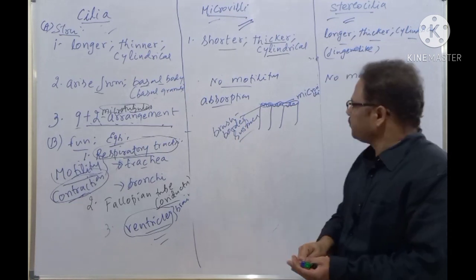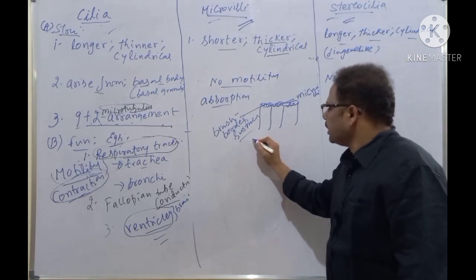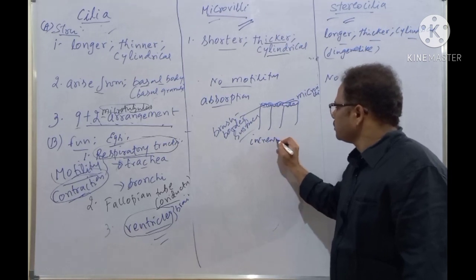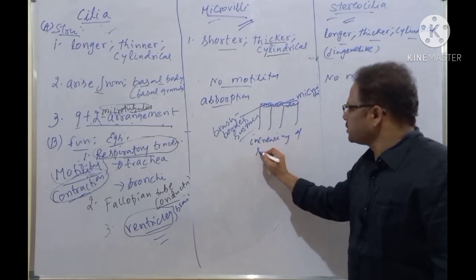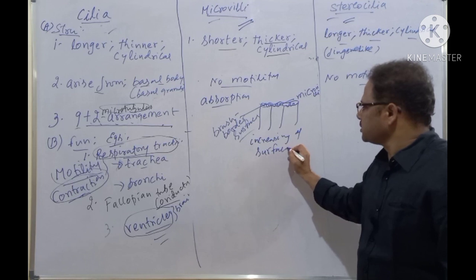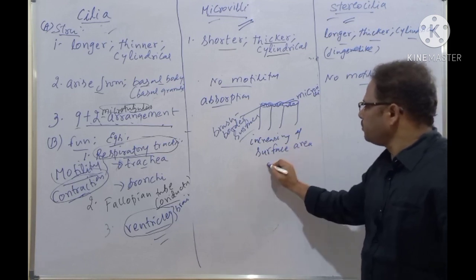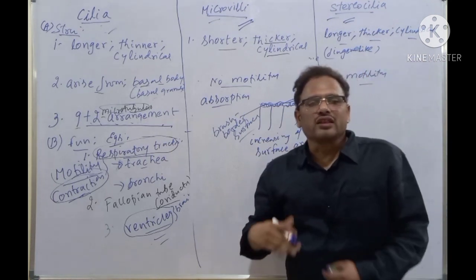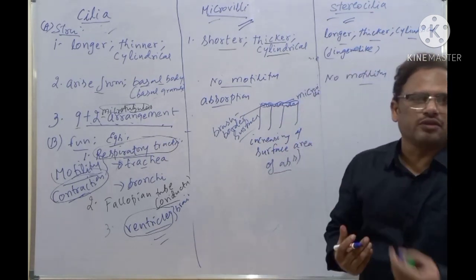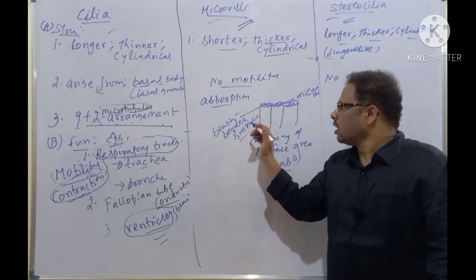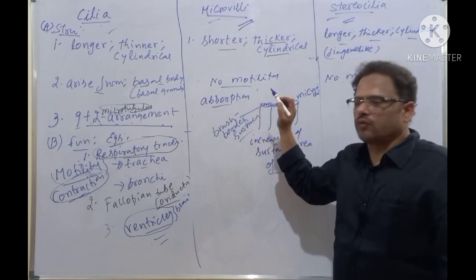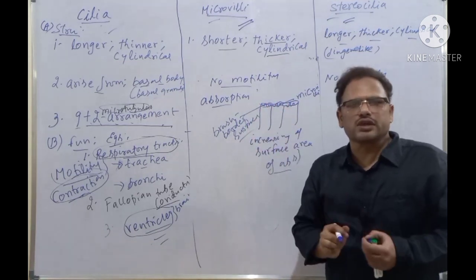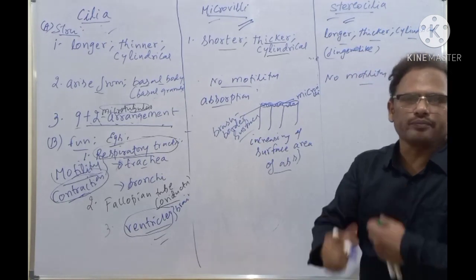The brush border surface is mainly responsible for increasing the surface area of absorption. So where absorption is necessary, epithelial cells with microvilli are present where the surface area of absorption is needed.